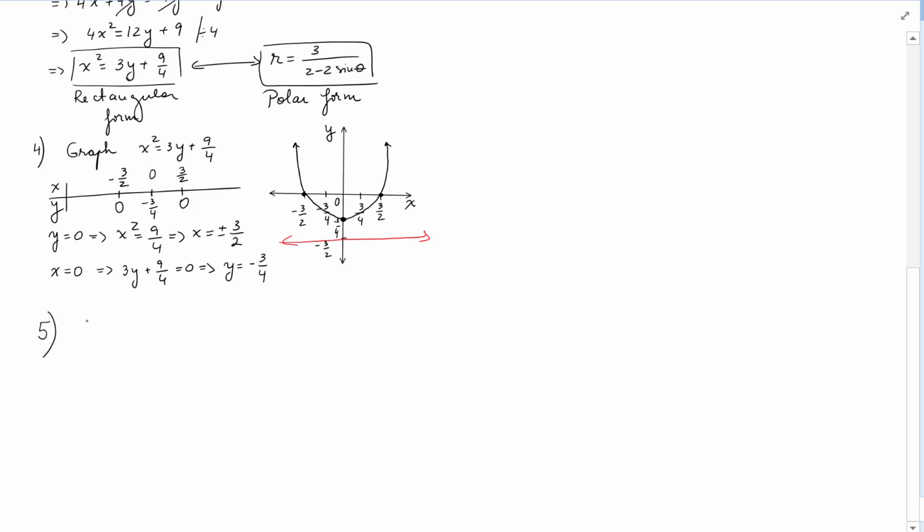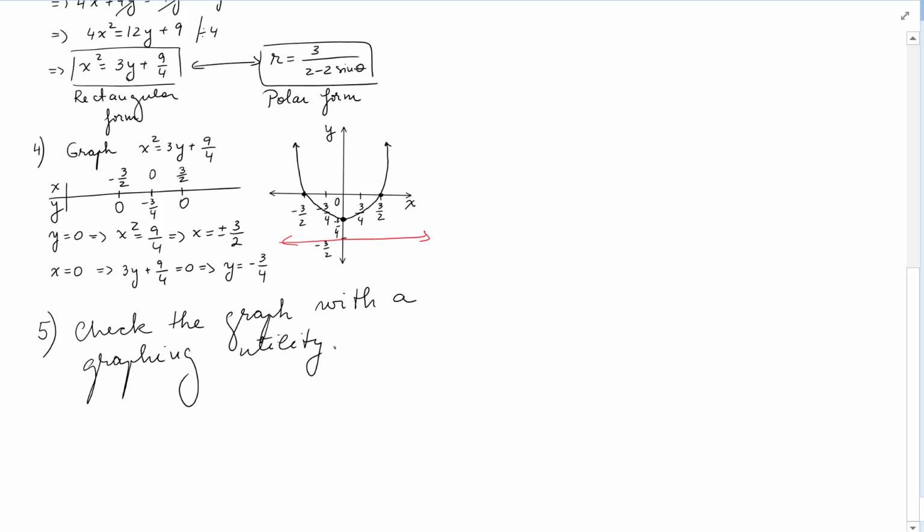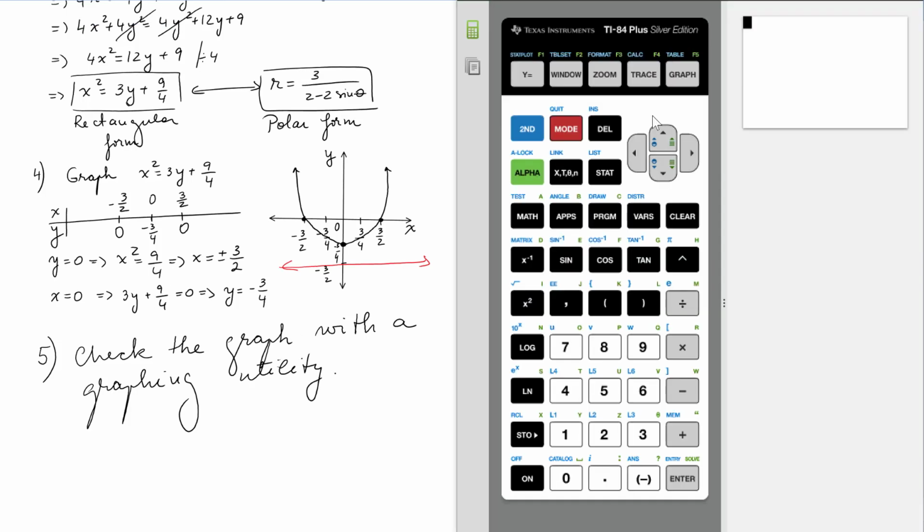Part 5, check the graph with a graphing utility. So let's open the calculator, and I'm going to graph our original function, the one that is in polar coordinates.